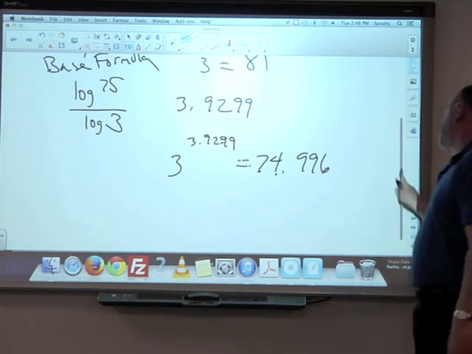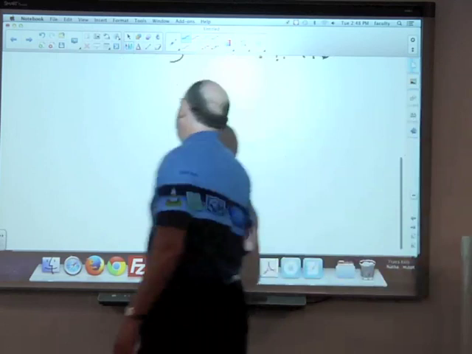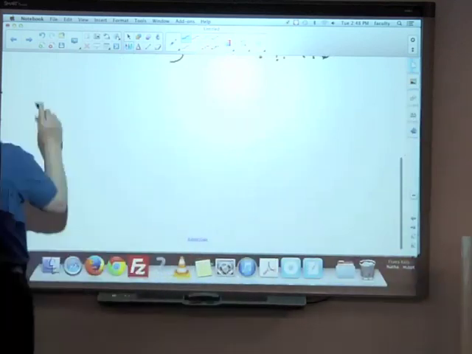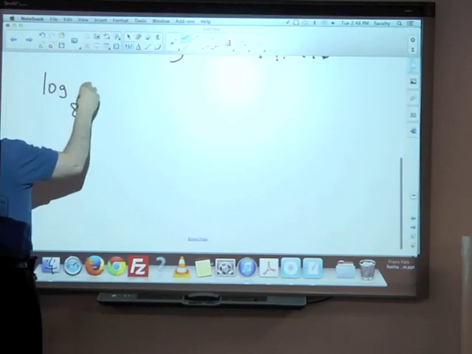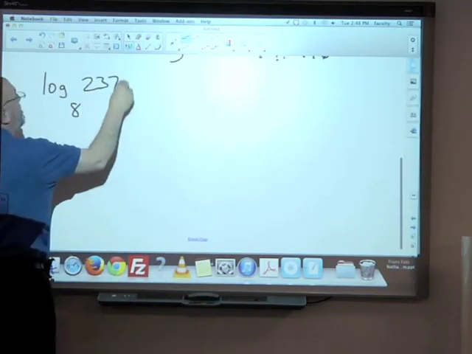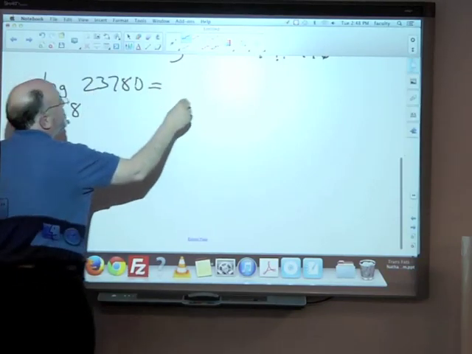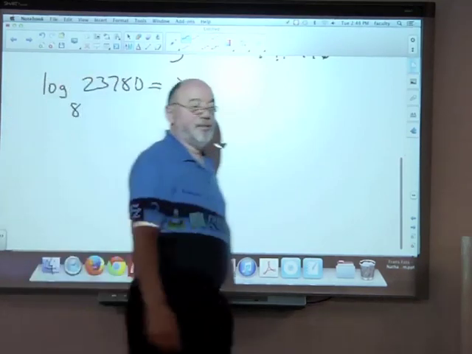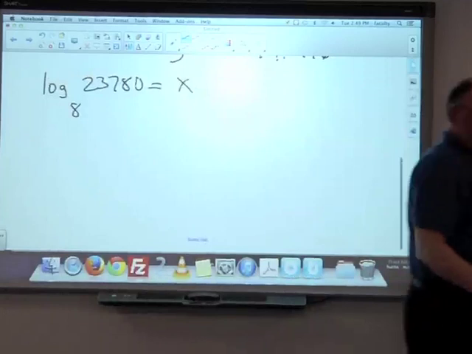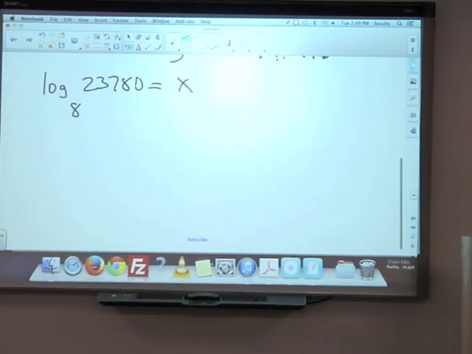Now, for example, in terms of next week's quiz, if I want to know the log base 8 of 23,780 is equal to x. Yes? So for that last one we did, log base 3 of 75, would the answer be the number you got?